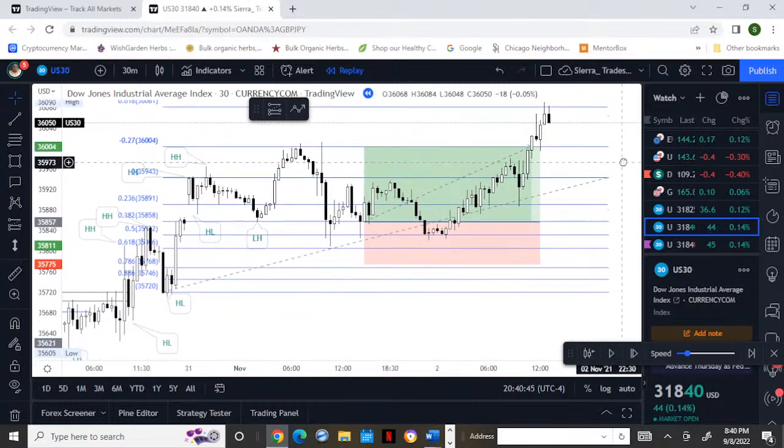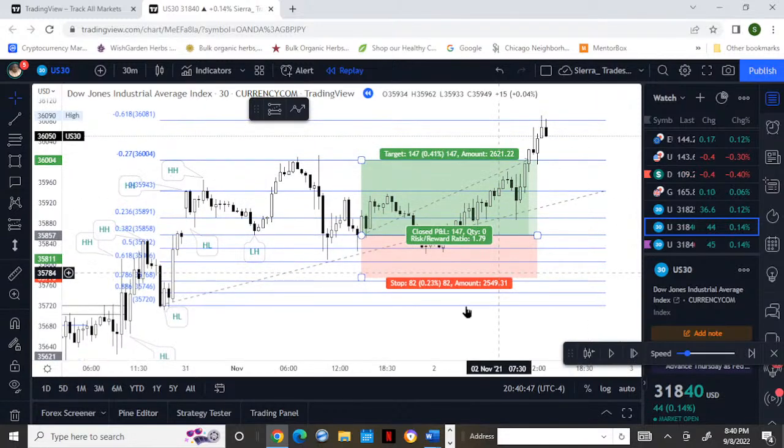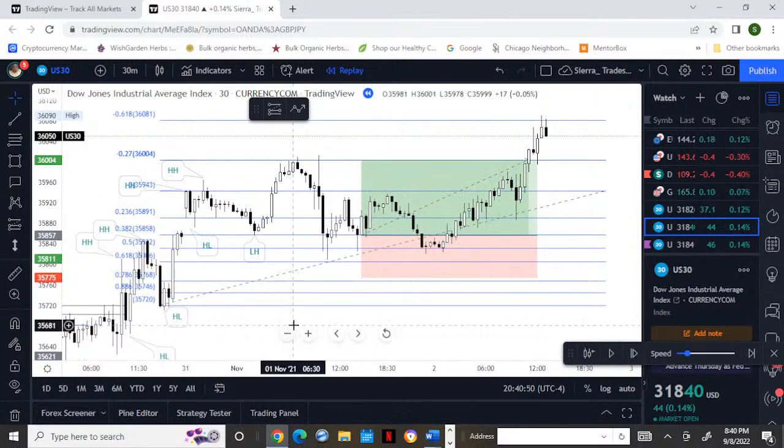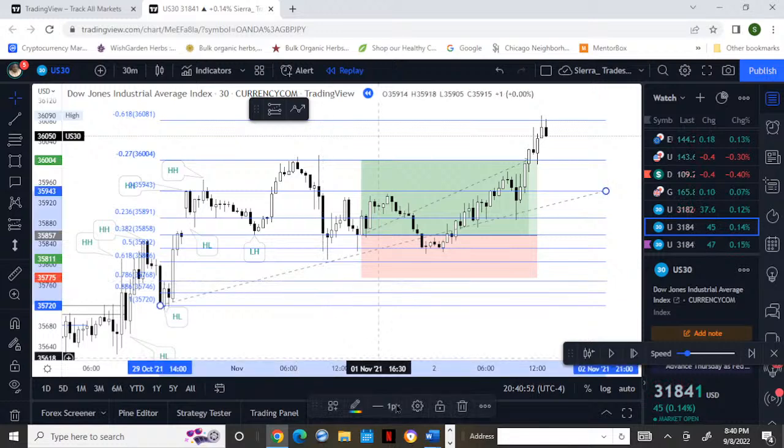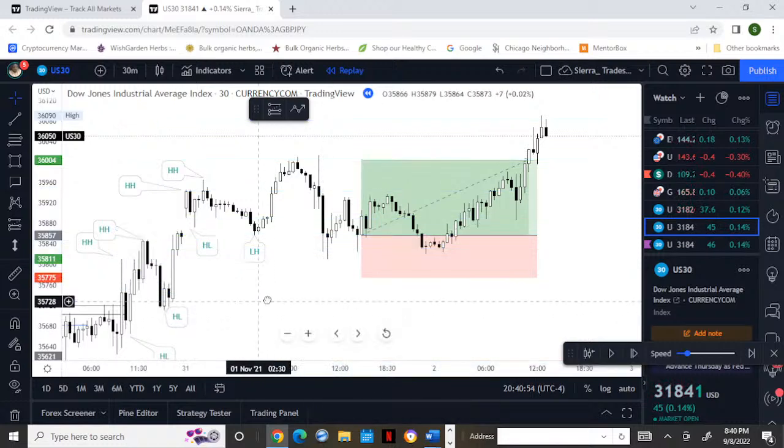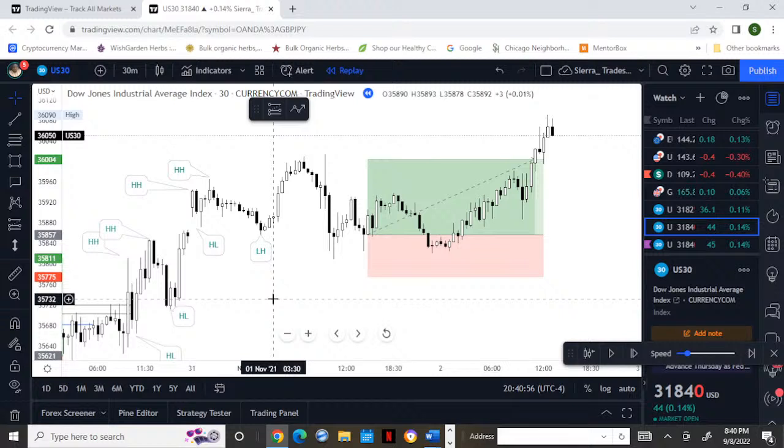All right, so this move did finish. It has completed. Let's mark our structure points. So this gave us another higher high here.